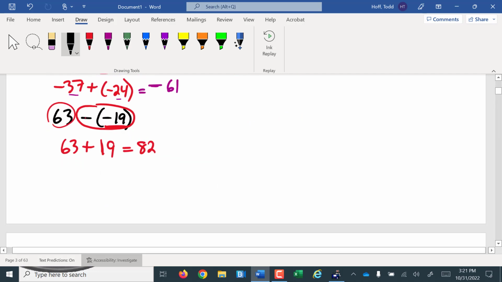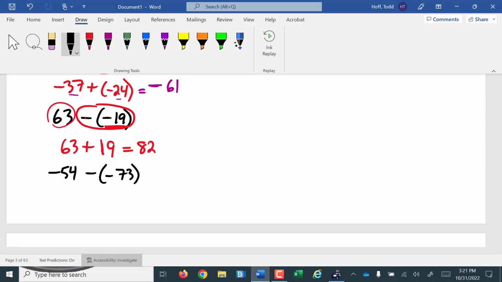Or we might have negative 54 minus a negative 73. So again, the negative 54 does not change. The subtraction operates on the number coming after it. So the subtraction is going to become addition. The negative 73 is going to become positive 73. So now my vector here is 0.